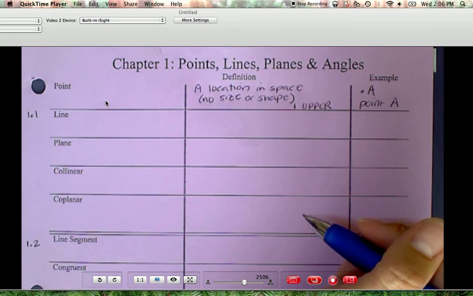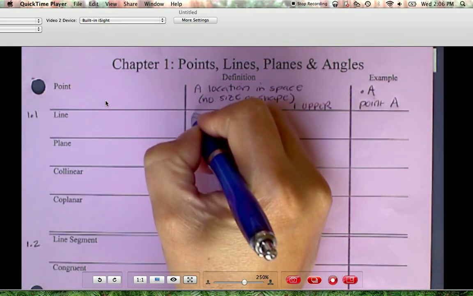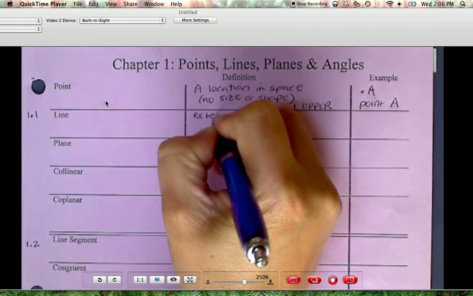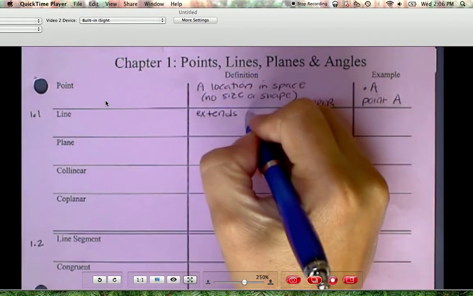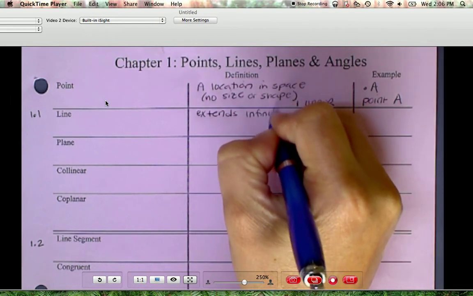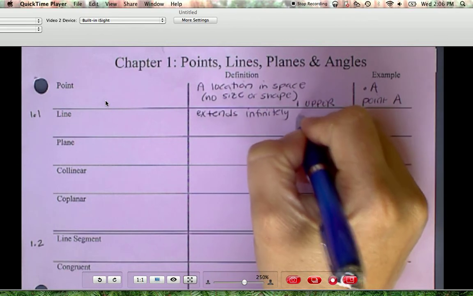The second definition is a line. A line extends infinitely or forever in both directions.